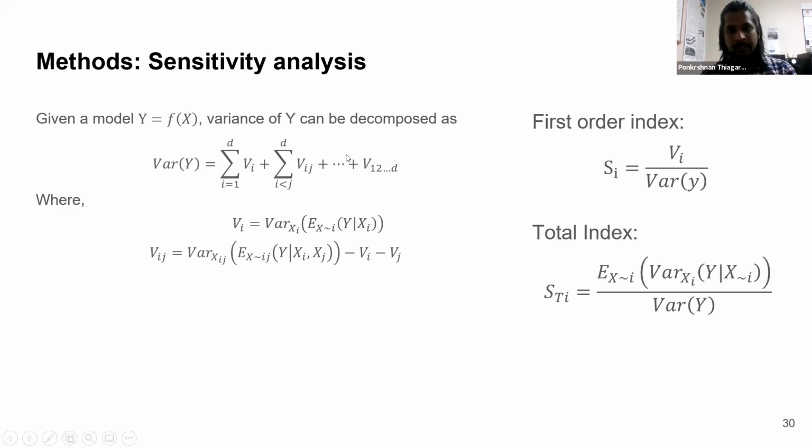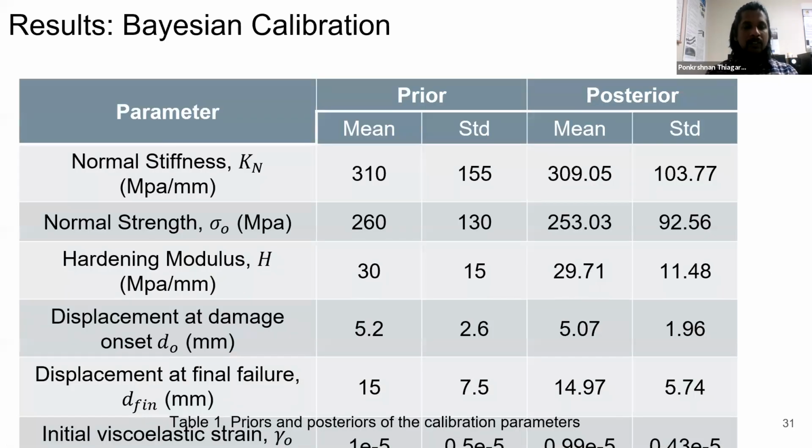On the right-hand side, we can see the first order and total indices. The first order index measures the effect of varying one parameter alone, and the total index measures the contribution to the output variable by including all the variances caused by the interaction of one parameter. By doing the sensitivity analysis, we can understand which input parameters are the most sensitive to the outputs.